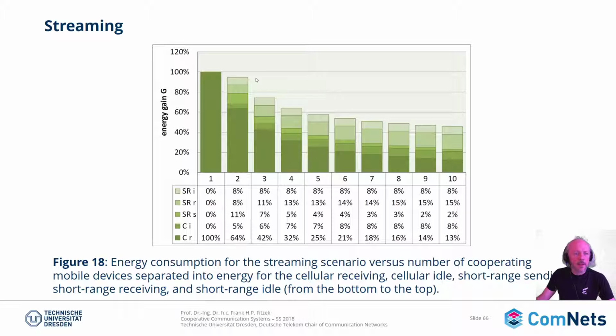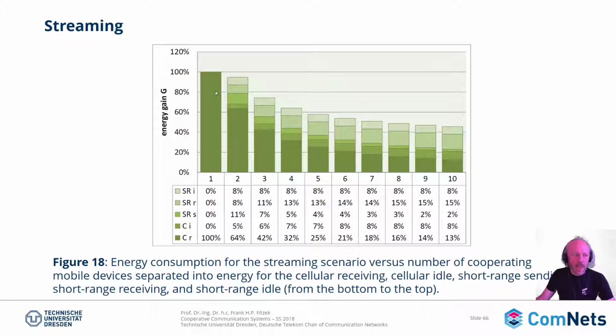So if you look at this, you see with more cooperating terminals, we also get a gain, but the gain is not as big. I told you before, with the first cooperating partner in download, we had already 20%, more or less, right? A little bit less, but here you have only around 5% gain. And then with the third one, you get a big jump and then smaller jumps from there on.